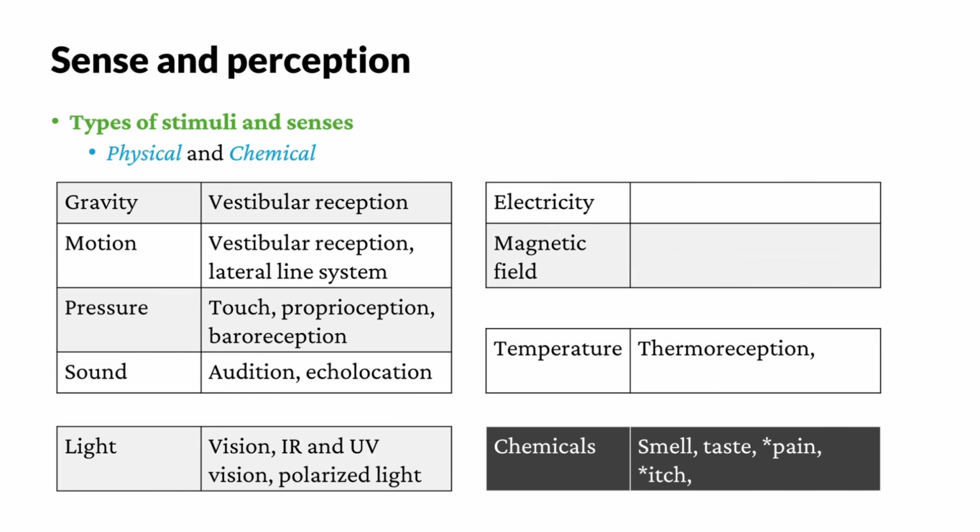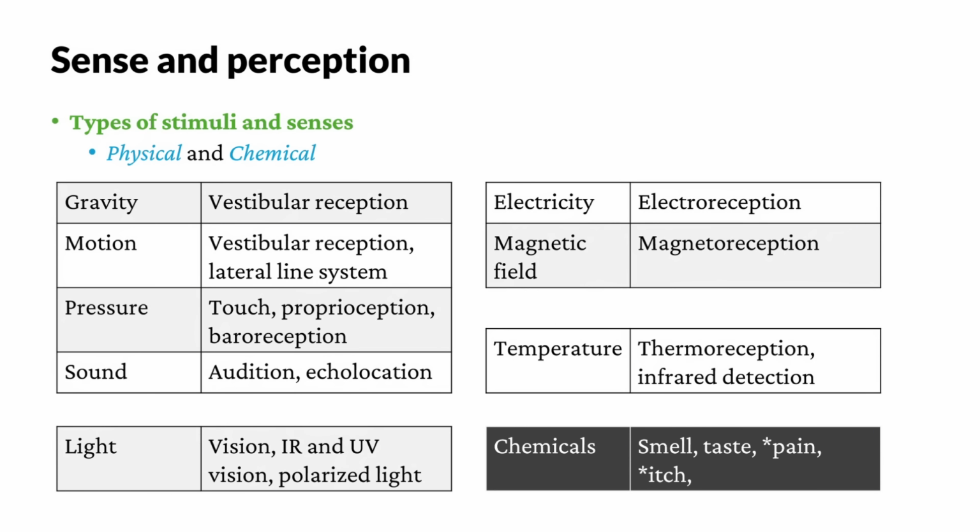Some animals can even sense polarized light, which means light that does not oscillate in all directions, but rather oscillates in one focused direction. Some animals have electroreception, which allows them to sense the electricity. Some birds have magnetoreception, which allows them to sense the magnetic field of the Earth. This can help guide them in their migration.